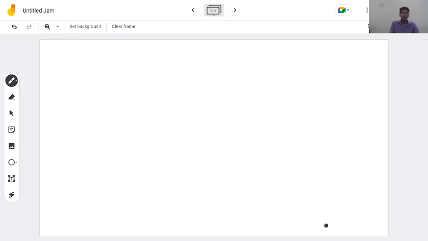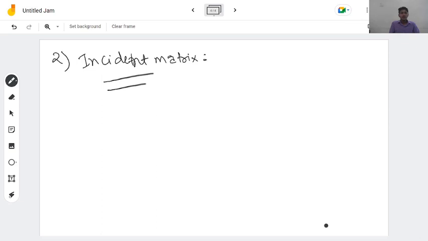Clear? Now let's see the second type of matrix, that is the incident matrix. Okay, so what is the incident matrix? We will denote it by M of G. So M of G is just the set of Aij such that this will contain just entries 1 and 0.